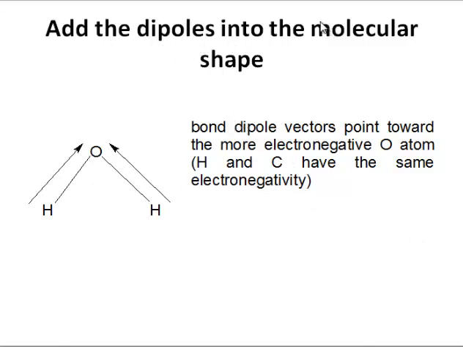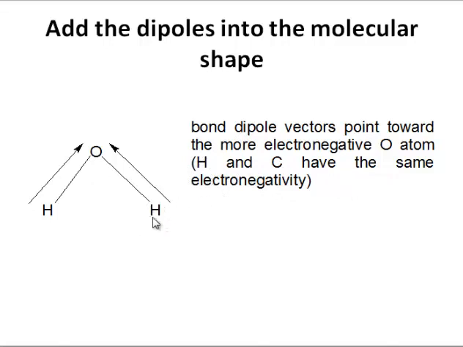Now, let's draw a picture of water with the correct molecular shape and add the bond dipoles into the picture. Okay, these bond dipole vectors point toward the more electronegative oxygen atom. Here is a tip. Hydrogen and carbon have the same electronegativity.